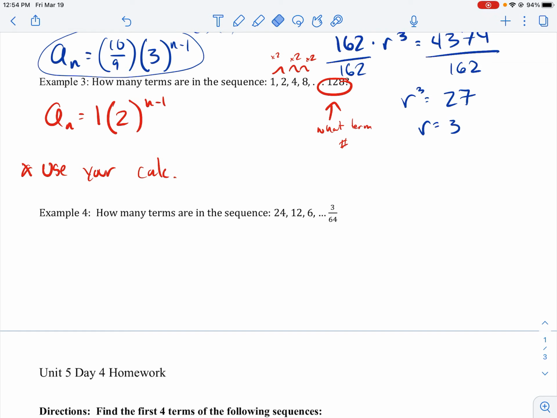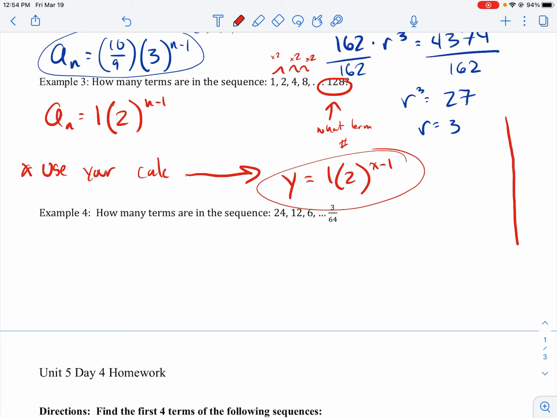Right? So what do I mean by that? Well, it's asking for what term number this is. Okay, so the easiest way to do that, change this to a y, 1 times 2, x minus 1, and put that into your calculator. Right? And so when you do, you get your x and y values.